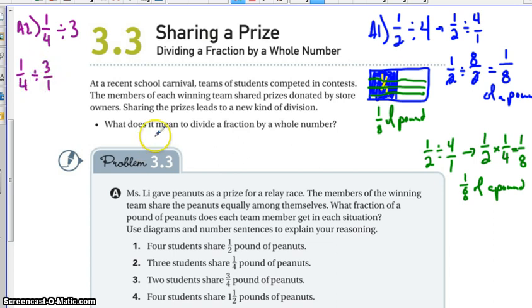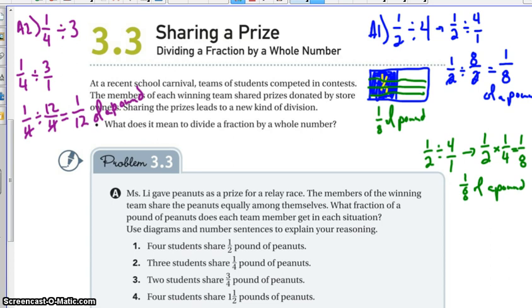We'll go ahead and change it into a fraction over 1, and then I will rewrite my expression using common denominators. So how do I turn a 1 into a 4? I multiply by 4. So therefore, my 3 times 4 would be 12. I forget about my denominators of 4, and I simply have 1 divided by 12, which is the fraction 1/12. So each kid would get 1/12 of a pound.